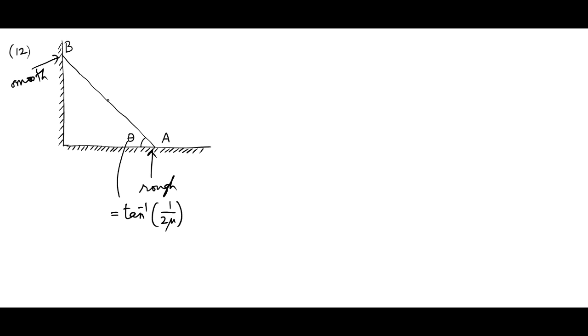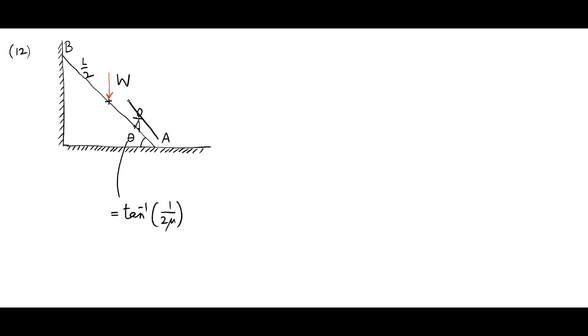Remember, the weight of the ladder acts at the midpoint, so that's going to be over here. It's W. These two distances are L by 2 each, and the ladder is in limiting static equilibrium. And now there is an added complication in this problem, namely that there is a man who is trying to ascend the ladder. So let's place him somewhere over here. Let's say he's on the ladder and his weight is W dash, and we have to find what is the maximum distance he can ascend the ladder.